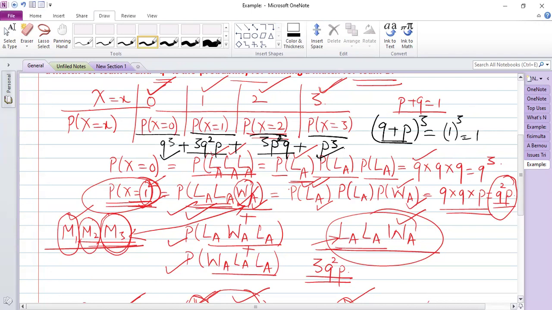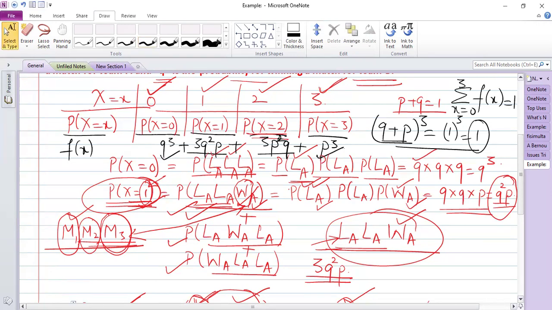That is once again verifying that the summation of fx over the entire range, x from 0 to 3, is nothing but 1.